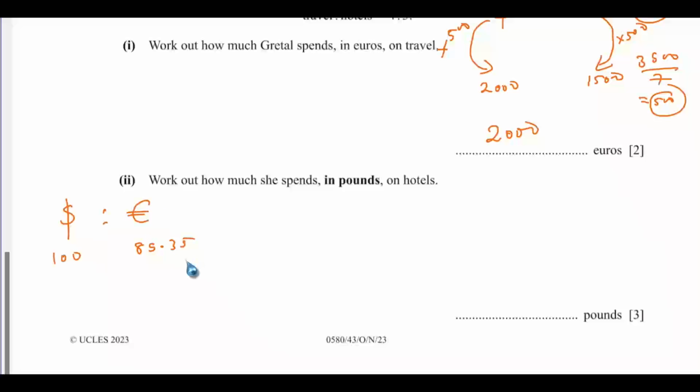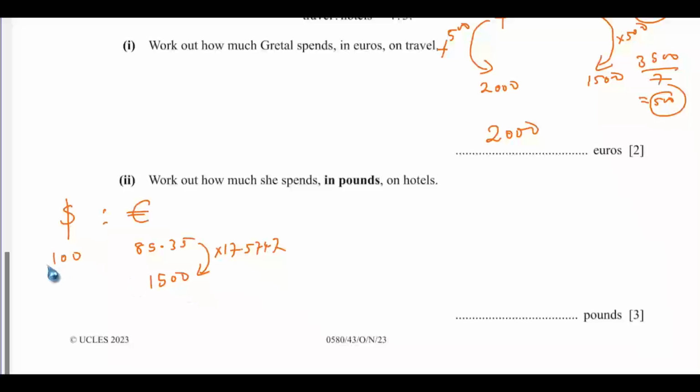We have 1,500 euros. This is what we want to convert to dollars, because it is impossible to convert it directly to pounds since we don't have the exchange rate from the table. So you divide 1,500 by 85.35, and that will give you 17.5747.